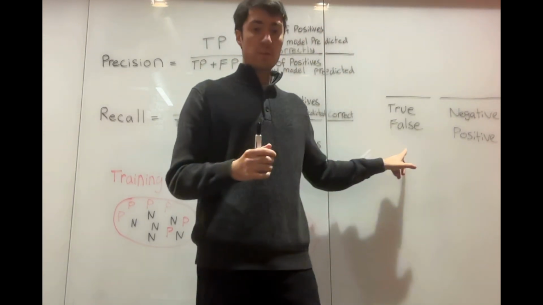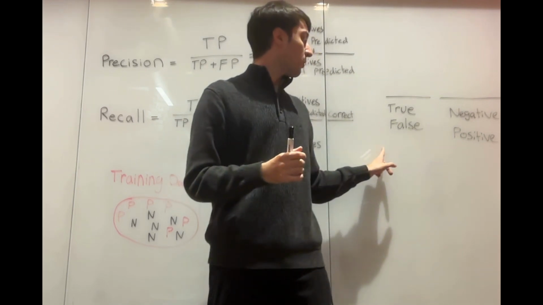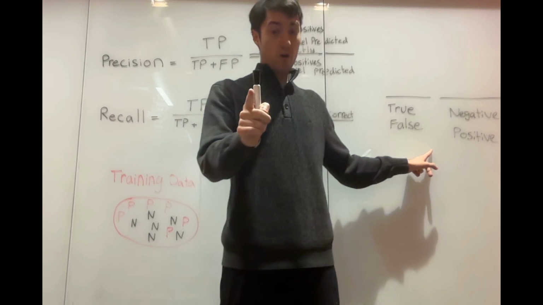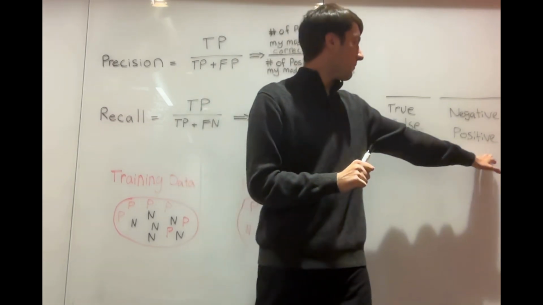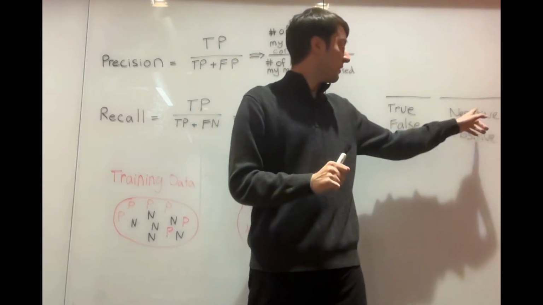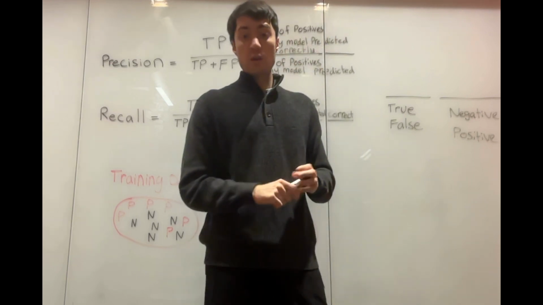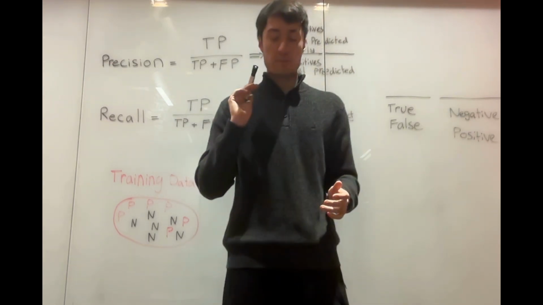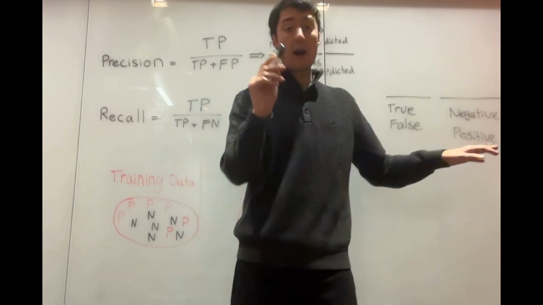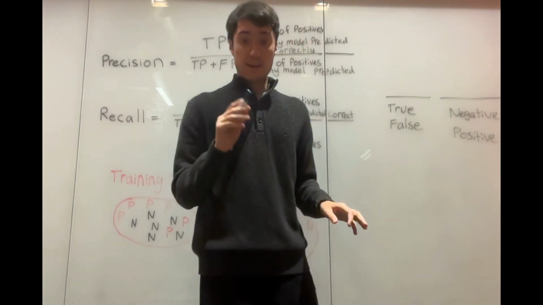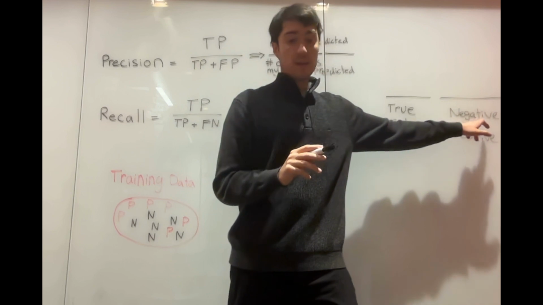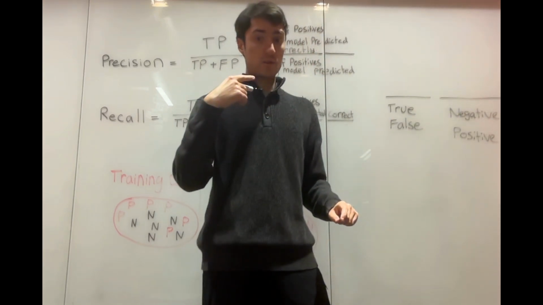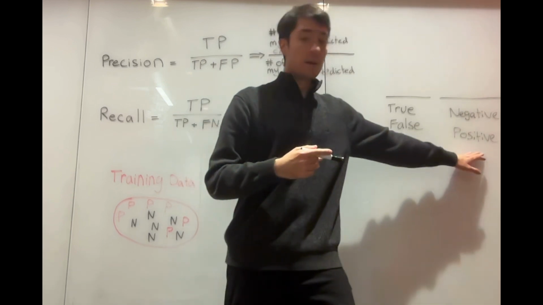Now the second term, negative or positive, is whatever your algorithm predicted. If your algorithm predicted a 0, it's a negative. If it predicted a 1, we say positive.